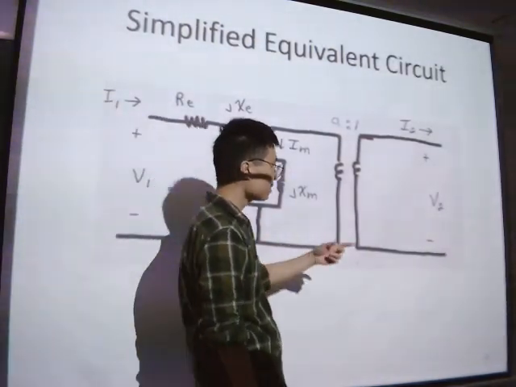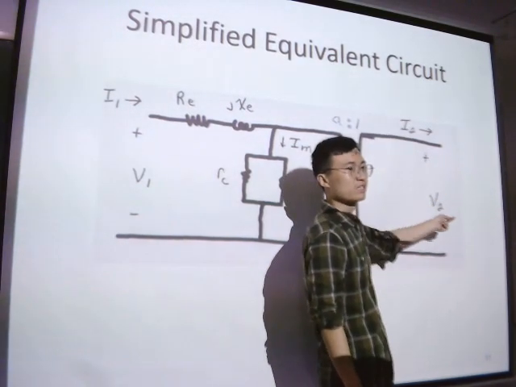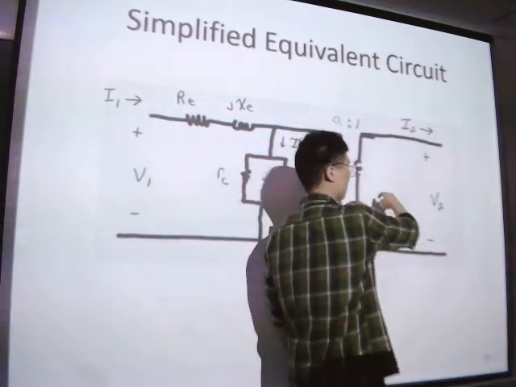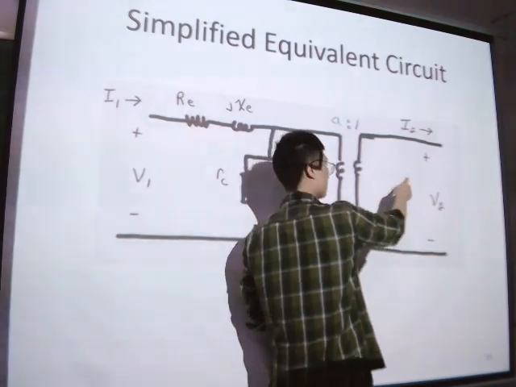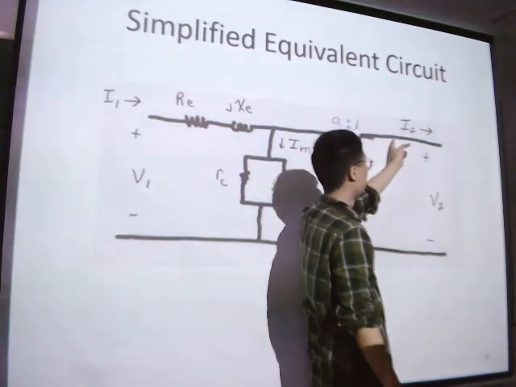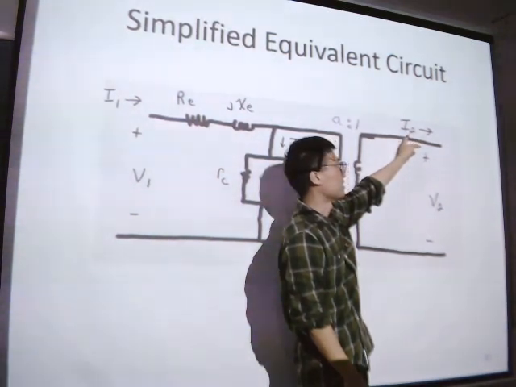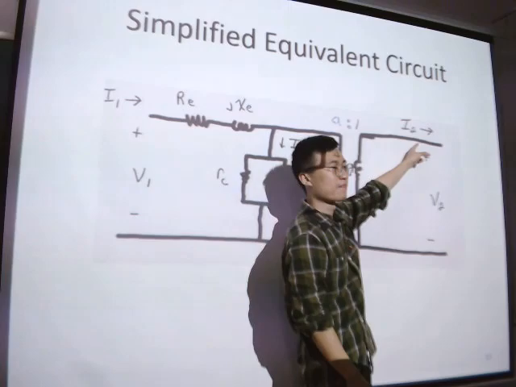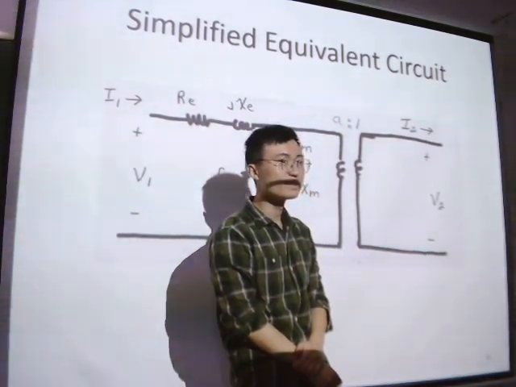Next, for the open circuit test, you know what the open circuit is? There is no power flow to the secondary side. So I2, the current in the secondary side, equals what? 0.